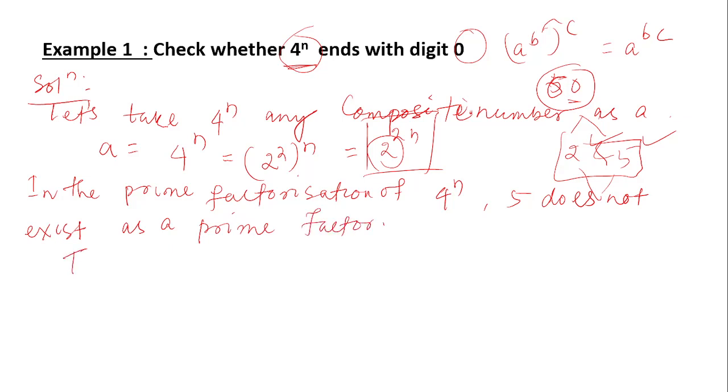Thus, it is clear that 4 to the power n cannot end with digit 0.